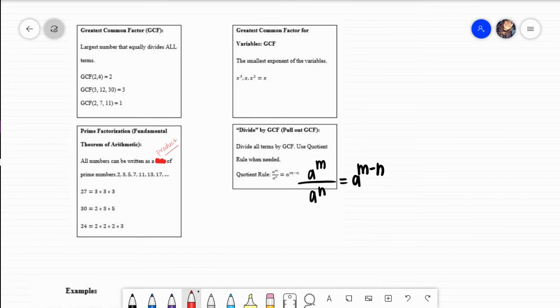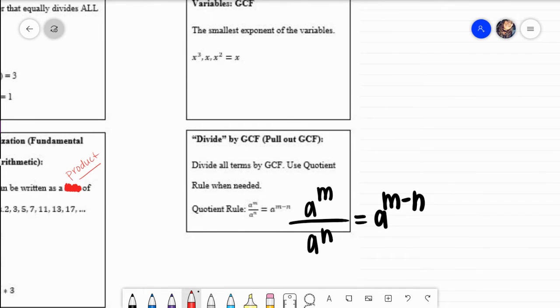A way that you could do this, it's not very common, but a way that you can do this until it really makes sense to you, we could go ahead and write these out. I would kind of stack them on top of each other, do them like a column. And I know x cubed is x times x times x, right? And then x is just x. And then x squared would be x times x. Now, if I look here, that's the only thing they have in common.